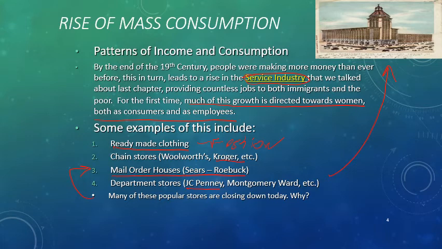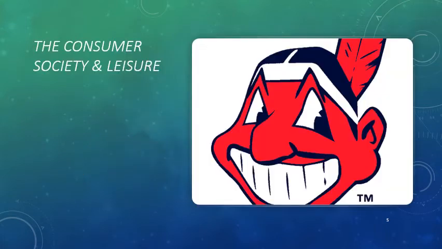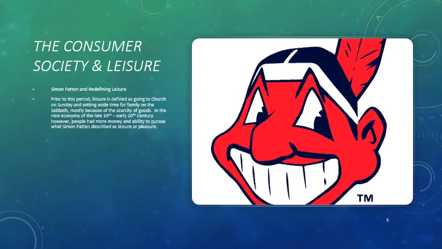So a little bit more, and then we'll be done here for today. Consumer society and leisure. Okay, so the concept of leisure was an interesting one to American people throughout our history. In the 1700s and the 1800s, the concept of leisure basically meant Sundays off from work, going to church with the family and focusing on family things.